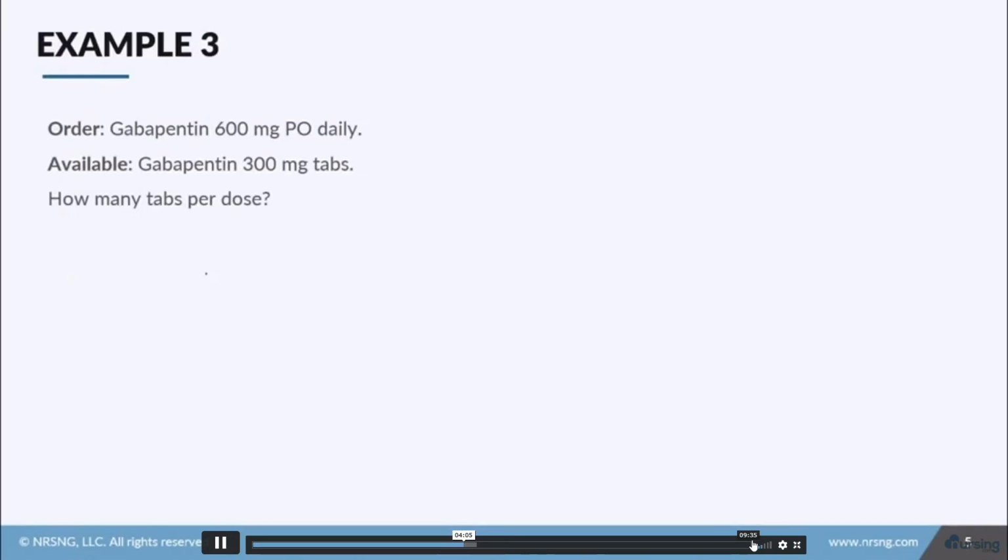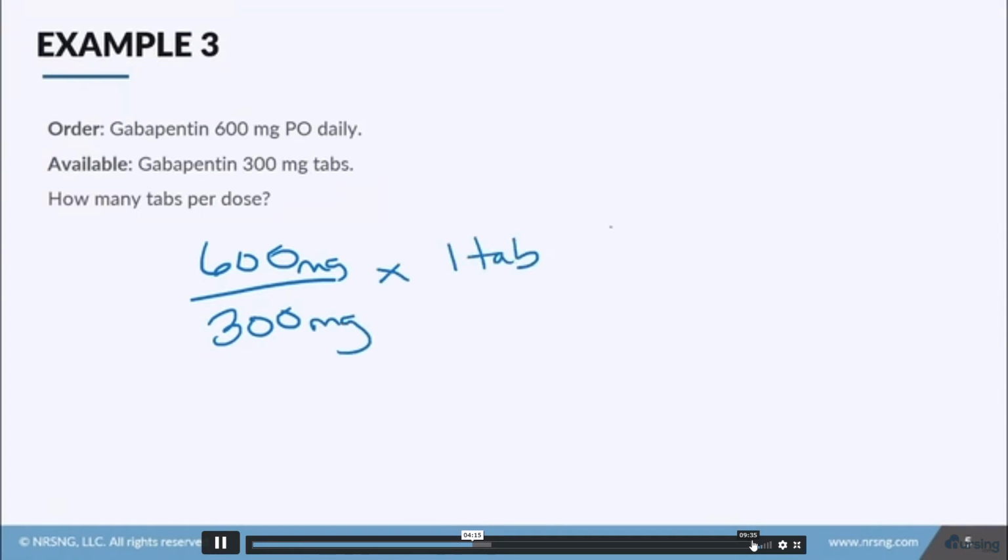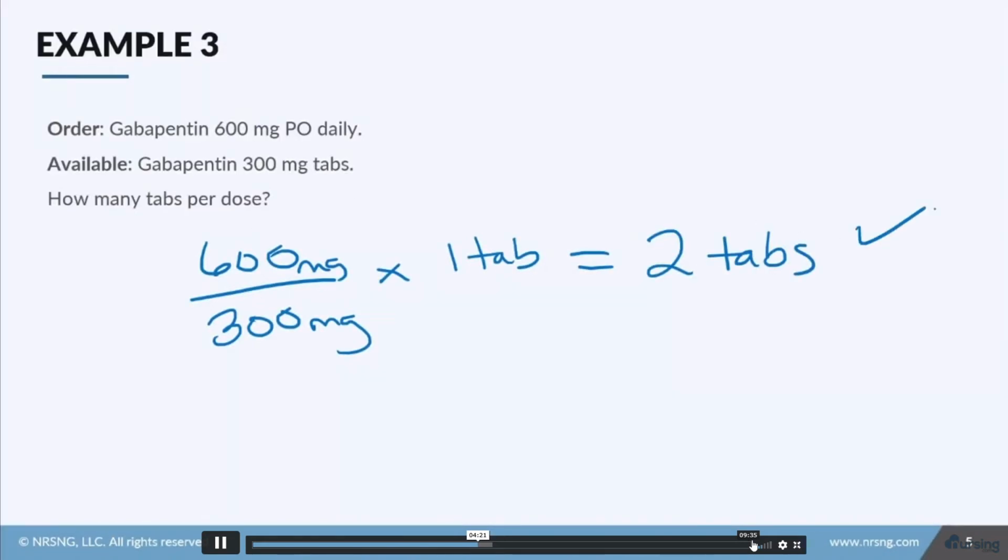Let's do this one more time. What we want over what we have times what it's in, which is 1 tab. Okay, 600 divided by 300 is 2 tabs. Make sense? Yes. If you had gone too quickly, you could have said half a tab and you would have been wrong. Now let's do dimensional analysis just for the sake of showing you.